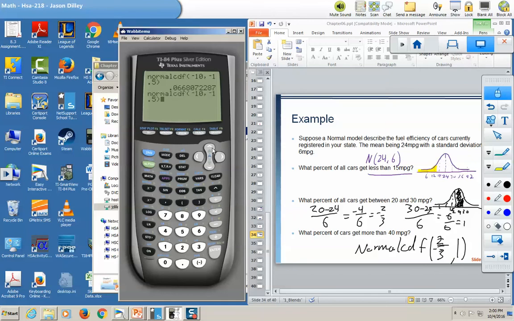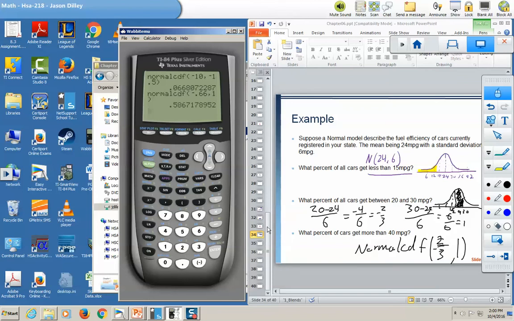So let's do that. Actually, let's show it again just in case. Distribution menu, second, vars, NormalCDF. -2/3 is -0.66, right? We don't need to be perfect on that one. There we go, and then comma, my upper bound, which is 1.